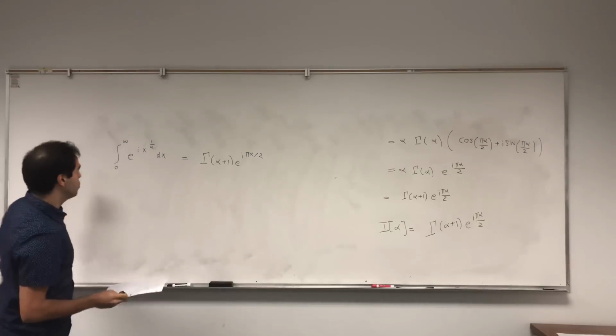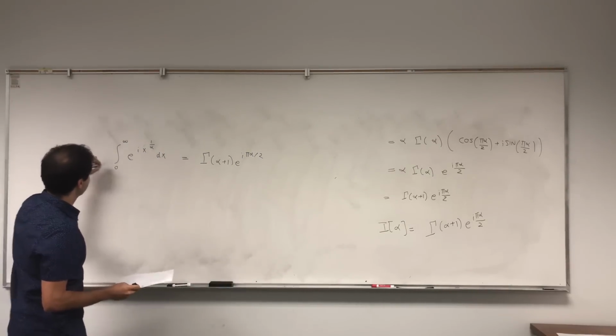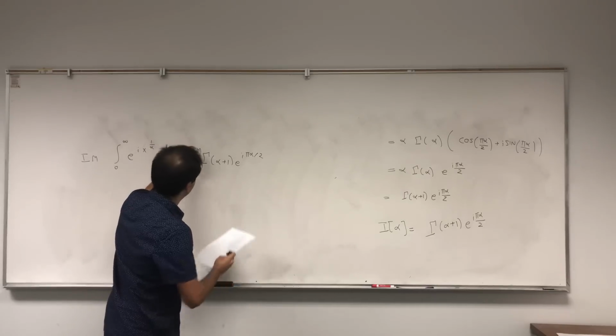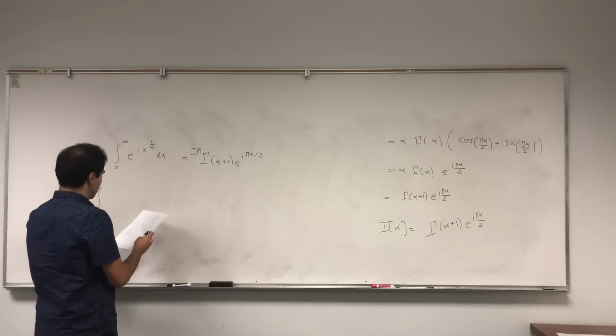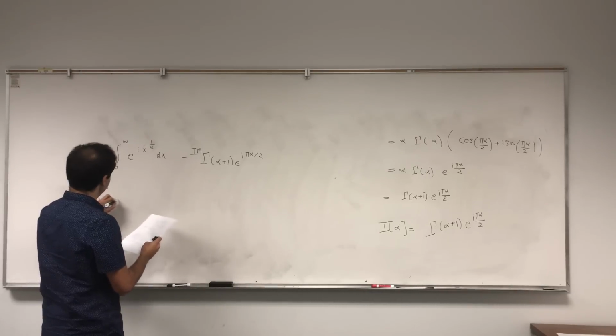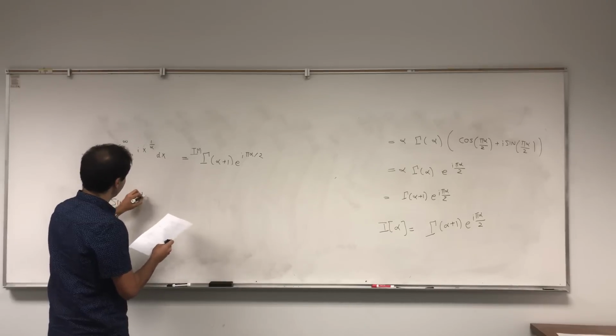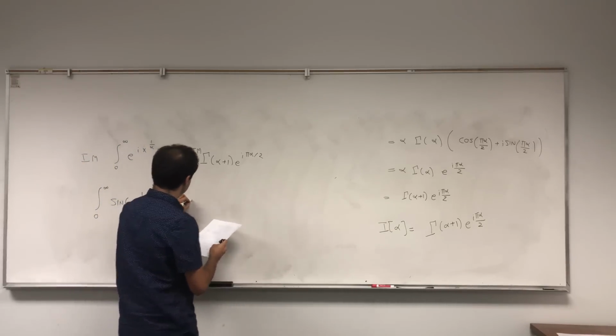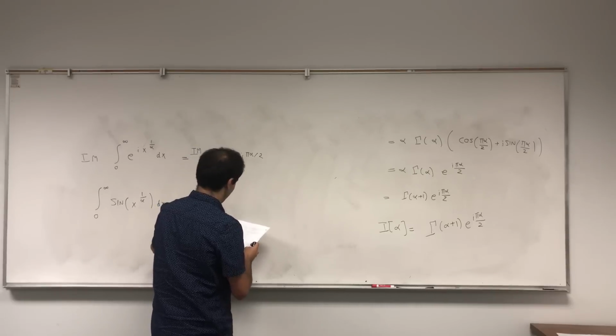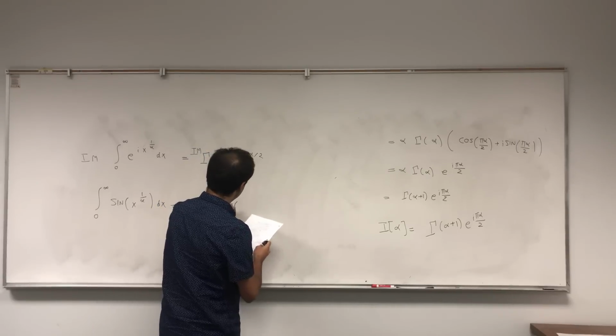And then, if you just take imaginary parts, well, this is real, so we just take the imaginary part of this. We get integral from 0 to infinity, sine of x to the 1 over alpha dx equals gamma of alpha plus 1 sine of pi alpha over 2.